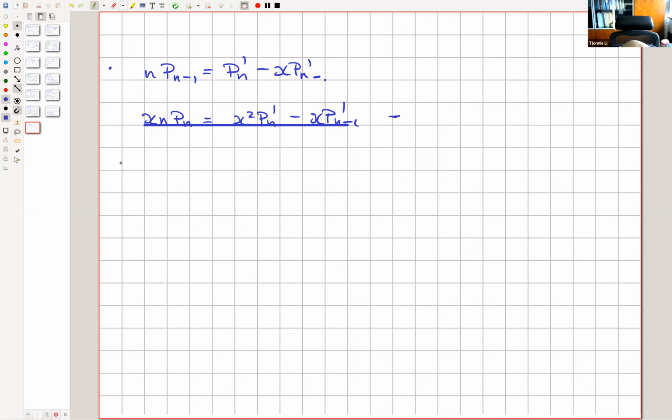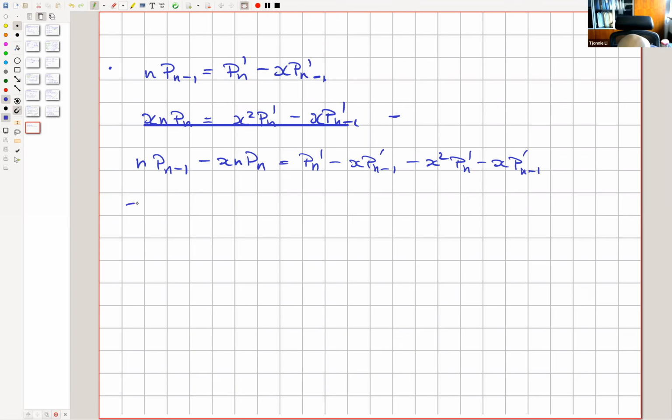Indeed, I get n Pn minus 1 minus xn Pn equals Pn prime minus x Pn minus 1 prime minus x squared Pn prime minus x Pn minus 1 prime, like this.